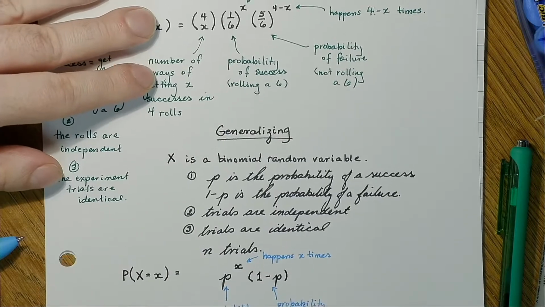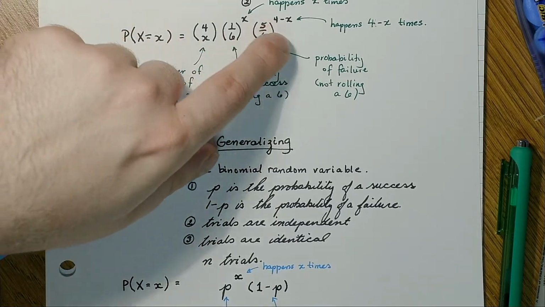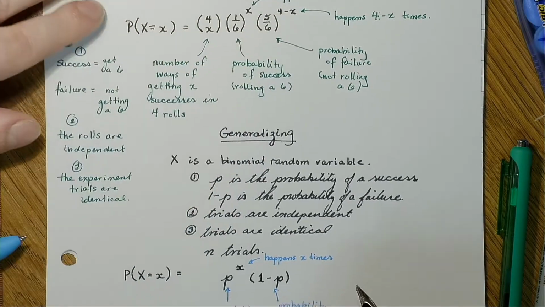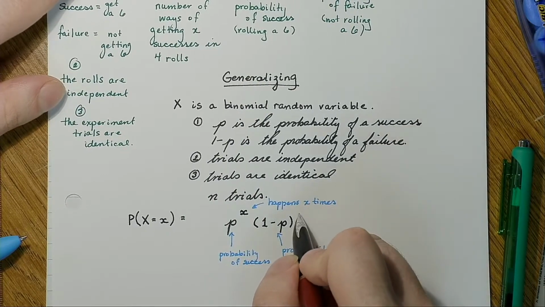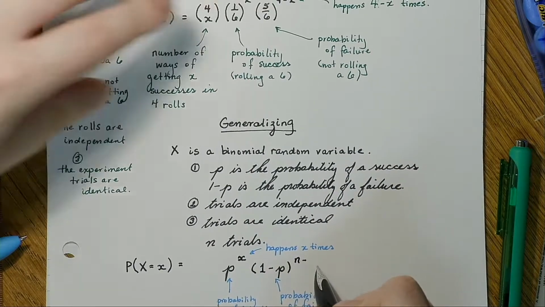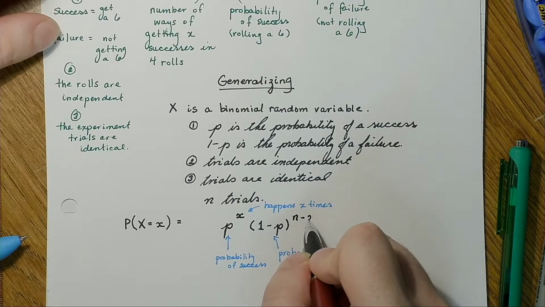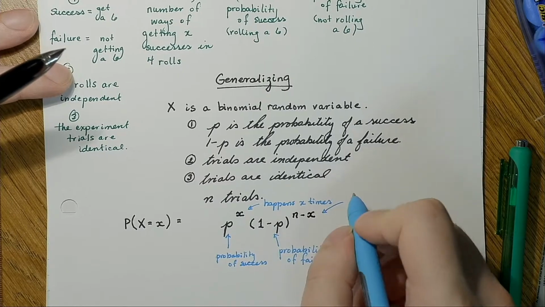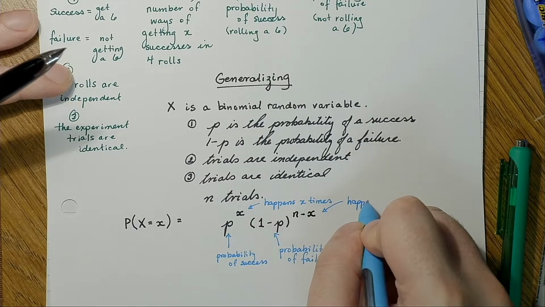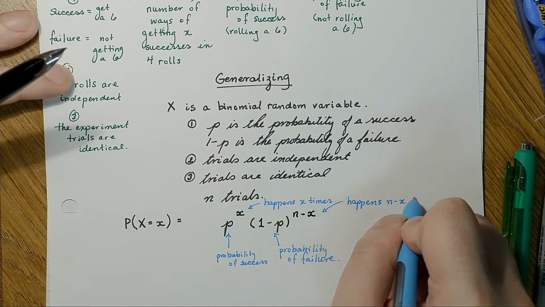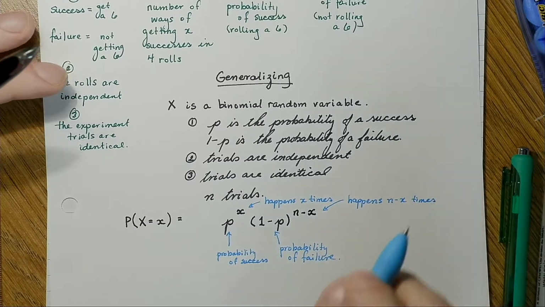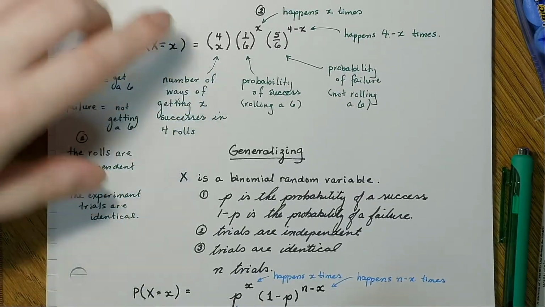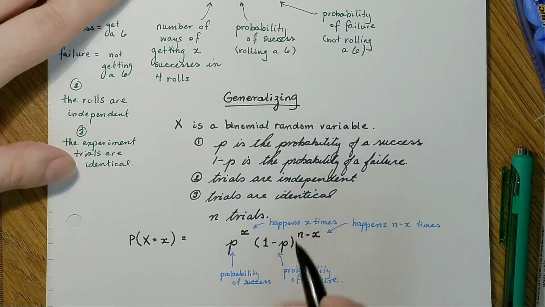And looking up here, over here we had the number of trials, which was 4. So instead of using 4, we're going to use the variable n. So this happens n minus x times. And lastly, we just need to handle the binomial coefficient.